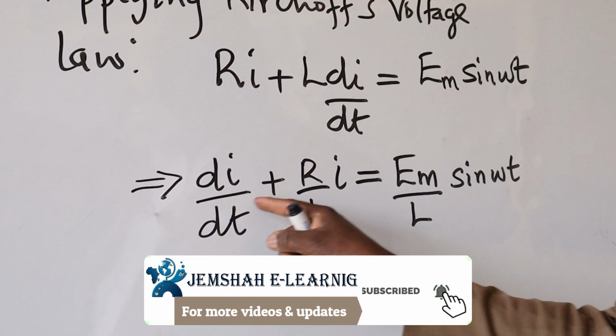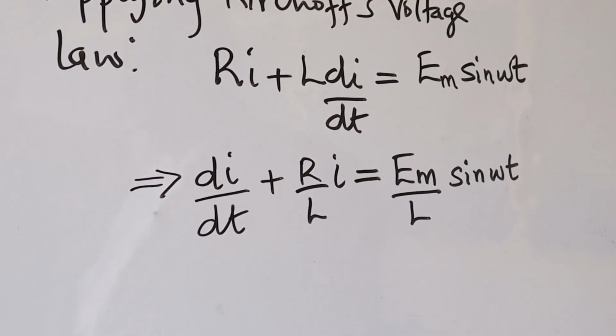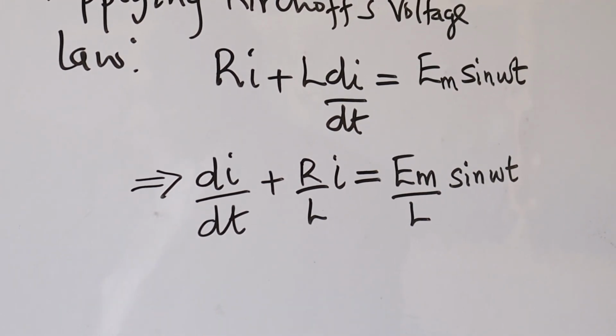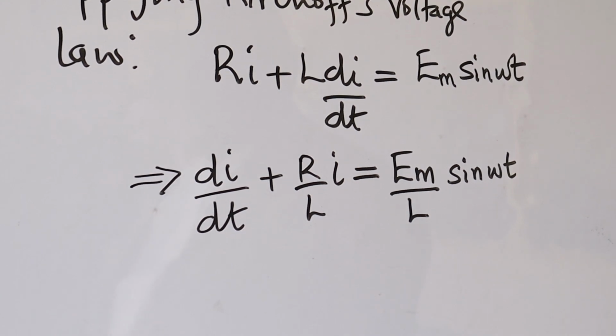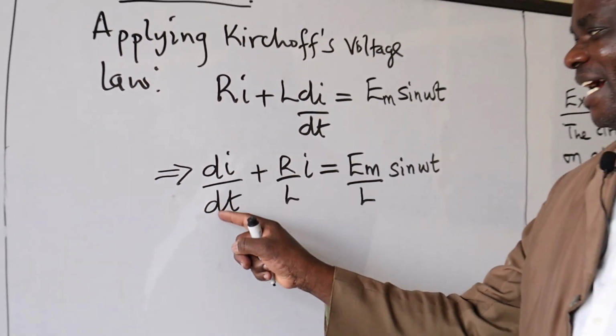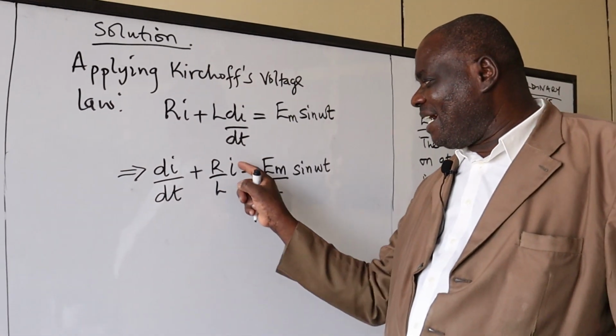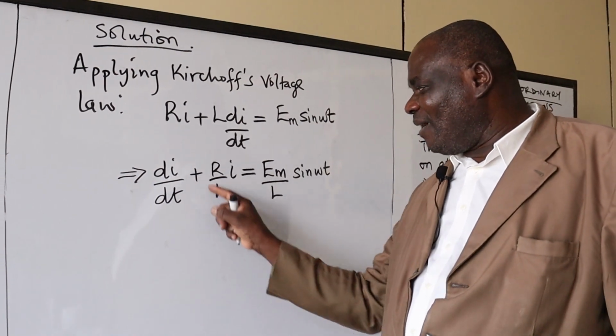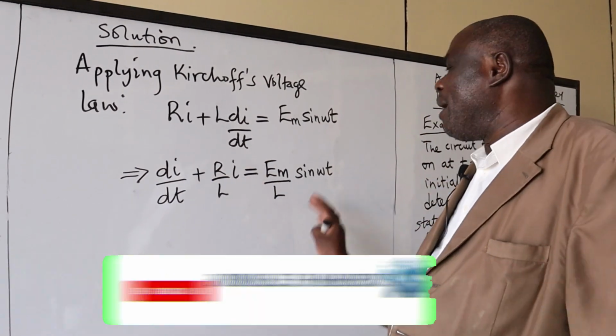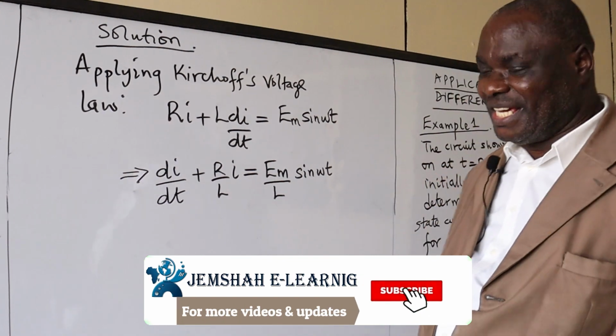Now, this is a first order linear differential equation, because di/dt is power 1, i is power 1, and all other things remaining are functions of t.